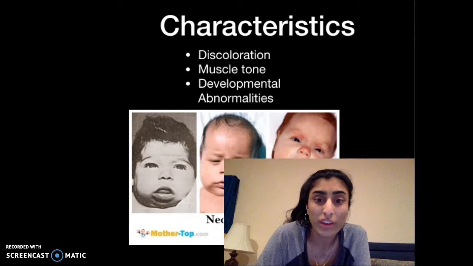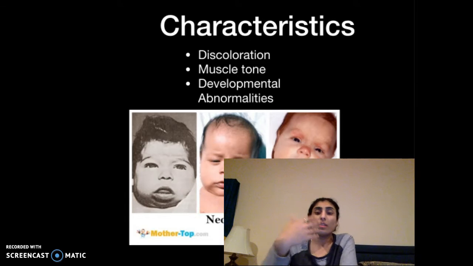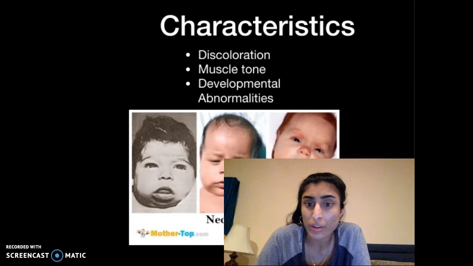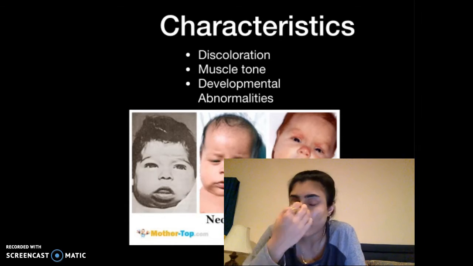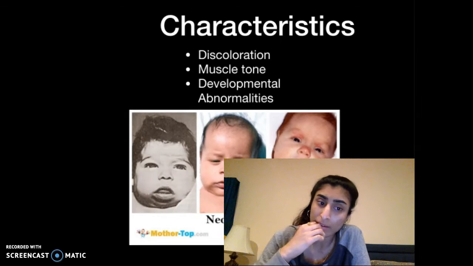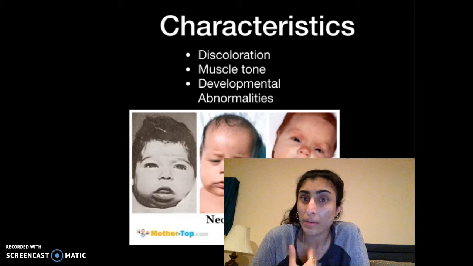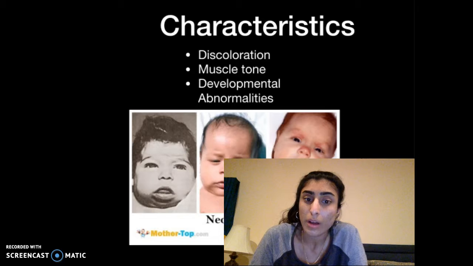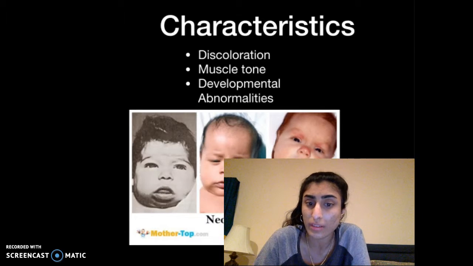So in congenital hypothyroidism, some of the characteristics that are seen to begin with are discoloration, changes in muscle tone, and developmental abnormalities. So by discoloration, I mean babies can exhibit jaundice after birth, they have low muscle tone, and poor growth, and they can also have cold extremities.